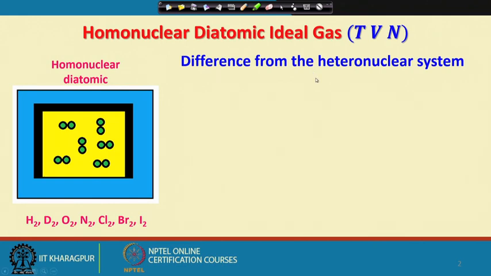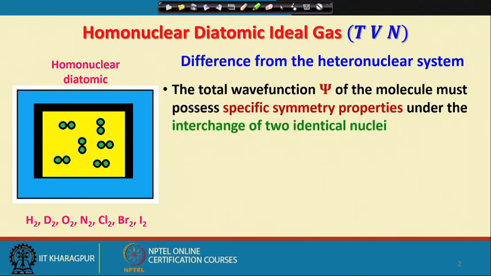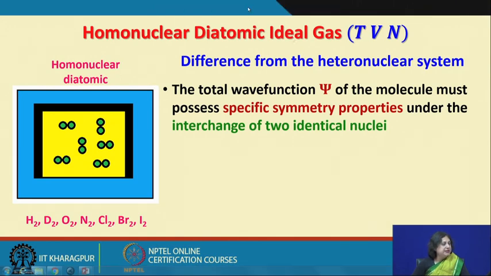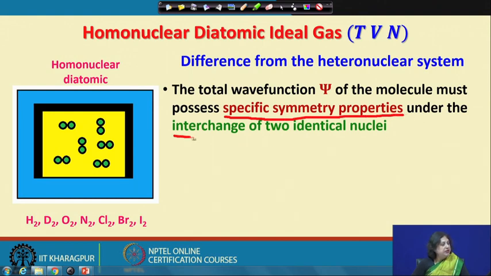Simply because the two nuclei or the two atoms constituting the molecule are identical, there are additional demands of symmetry in this system. So, the first thing to note is that the total wave function psi of the molecule must possess rather specific symmetry properties under the operation where we interchange the two identical nuclei.